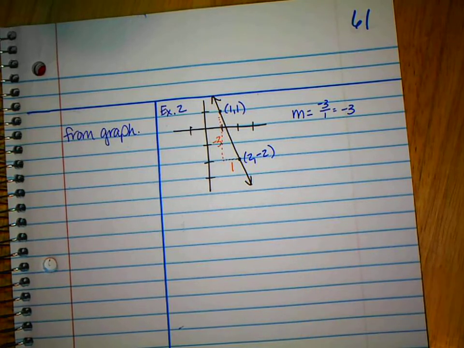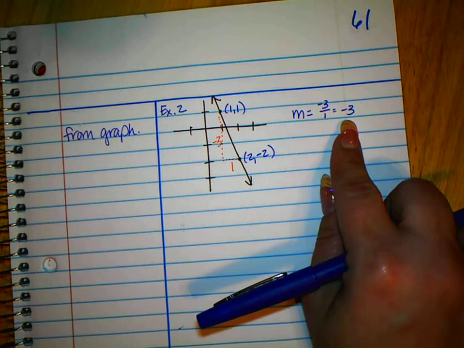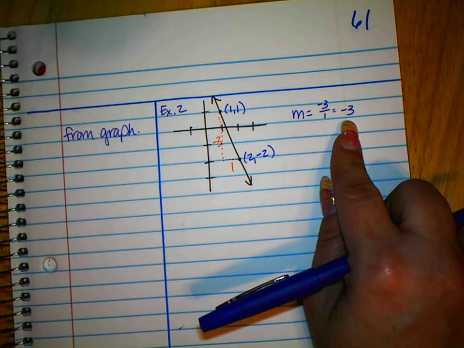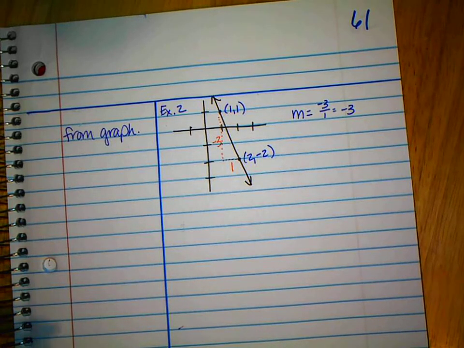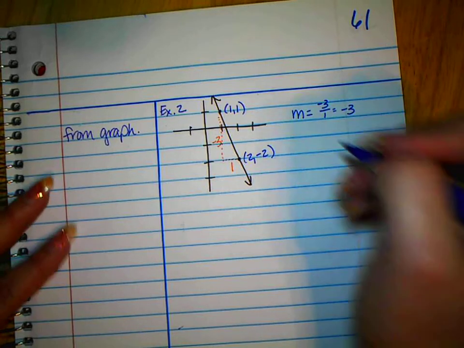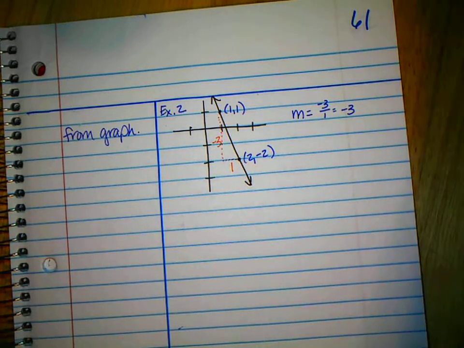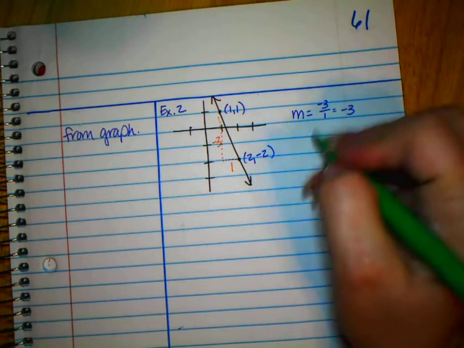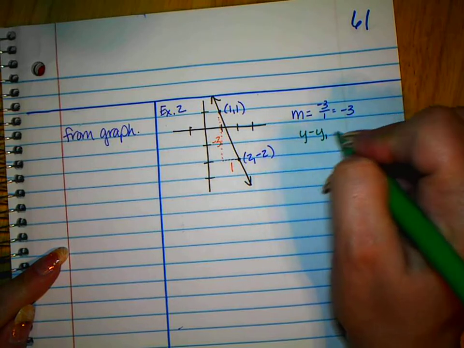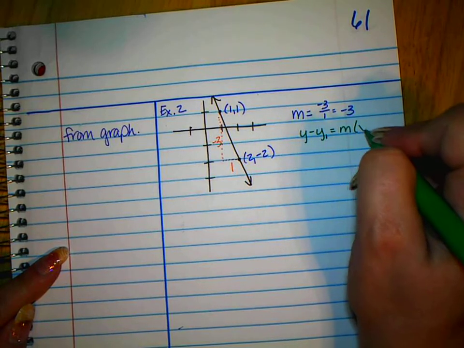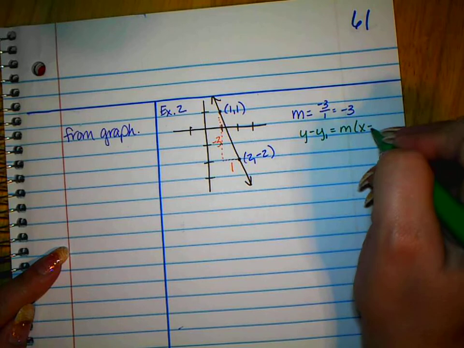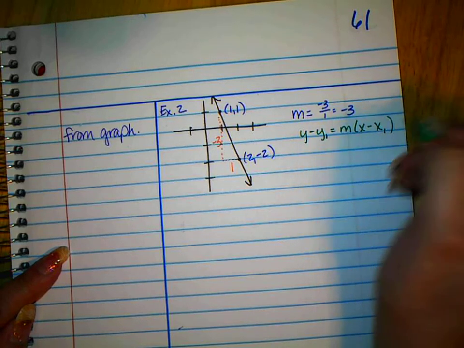Now I've got to think, what do I know? I know 2 points, neither of which is my y-intercept. I have my slope. I can't do slope-intercept immediately; I'd have to do some work on that. But I also know slope now, so I can use my point-slope equation, which we learned yesterday: y minus y sub 1 equals m times the quantity x minus x1.